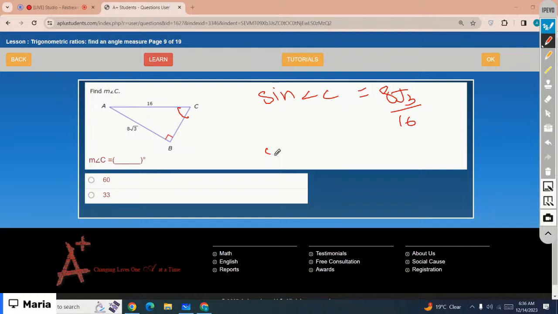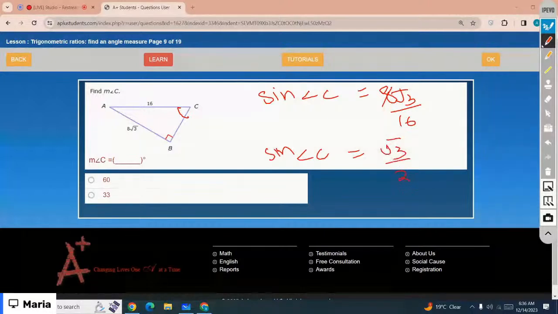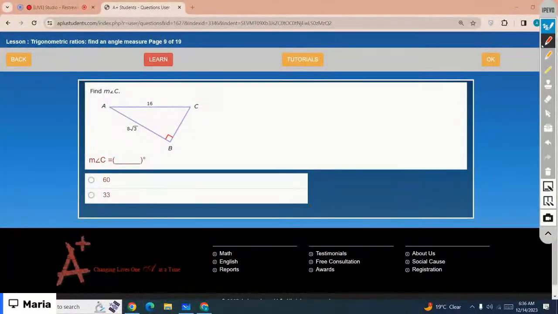So 8 times 1 is 8, 8 times 2 is 16, that is square root 3 over 2, right? So when you calculate the sine inverse of square root 3 by 2, that is 60 degrees. That means angle C equals 60 degrees, right? The correct option is 60 degrees.